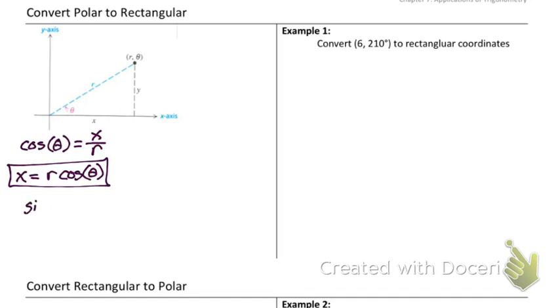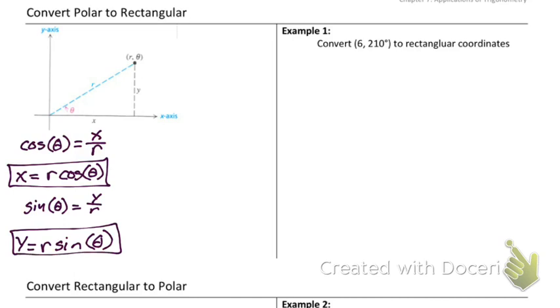Next, sine of theta equals y over r. Once again, y equals r times sine of theta. New road, same destination.